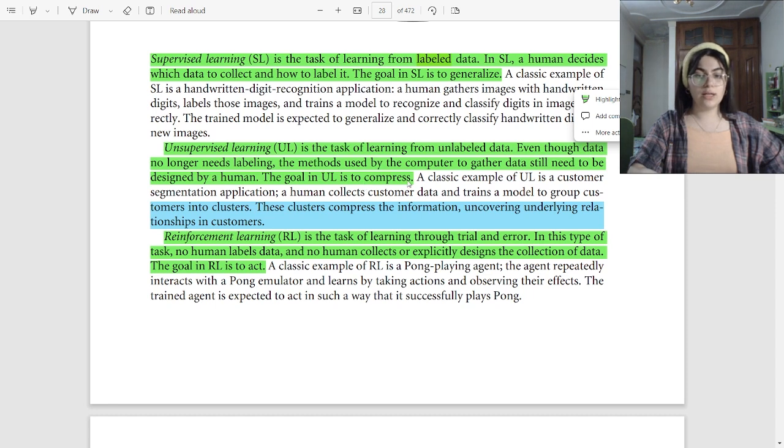The goal of UL is to compress. So a classic example is clustering, such as a customer segmentation application, where a human collects the customer data and then trains a model to group customers into clusters. And these clusters compress information, uncovering underlying relationships in customers.